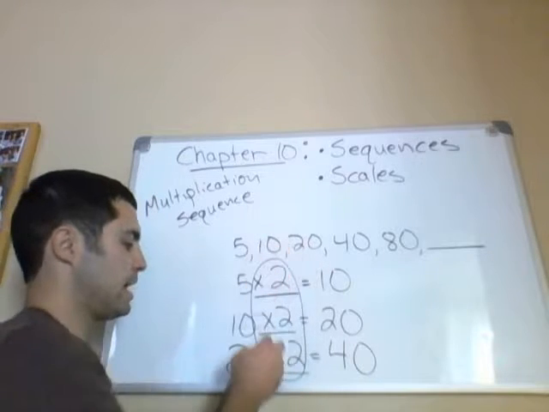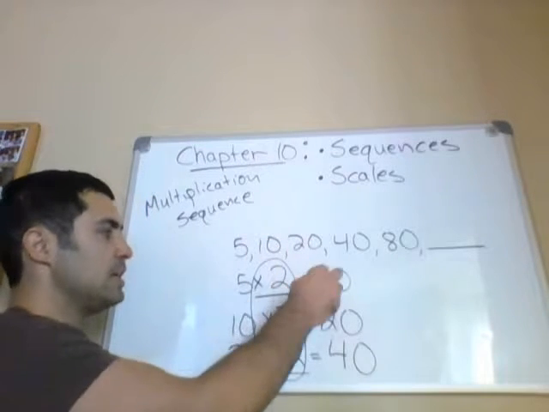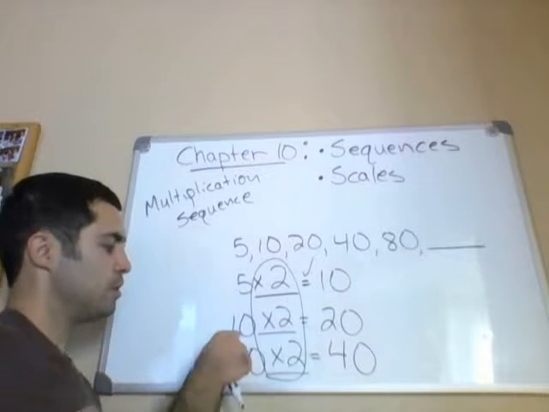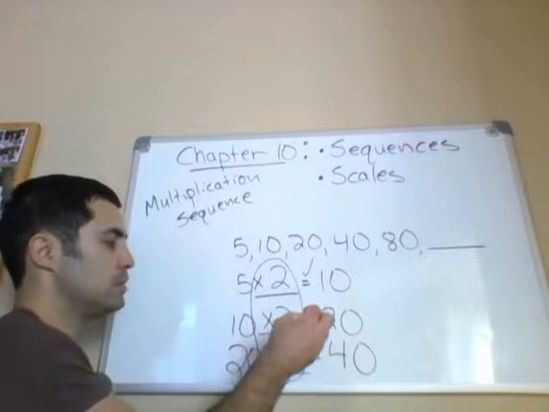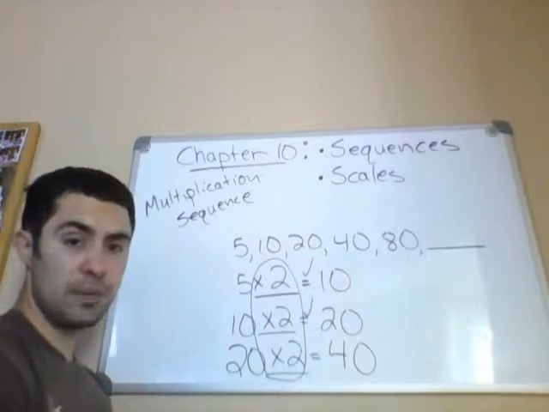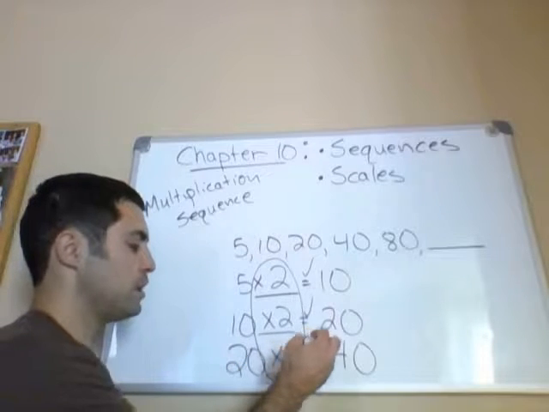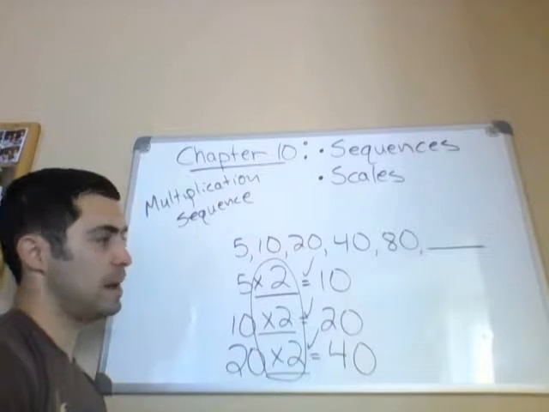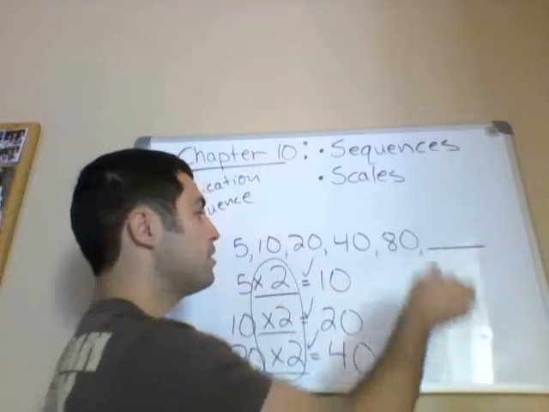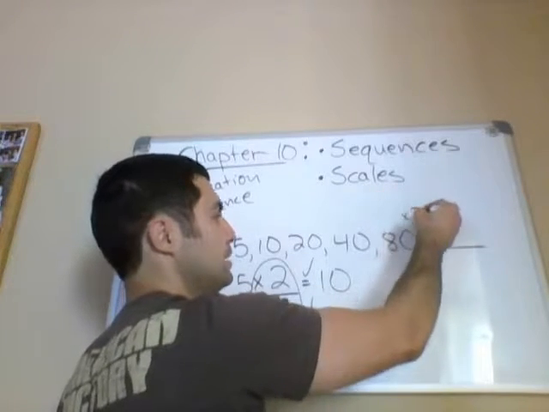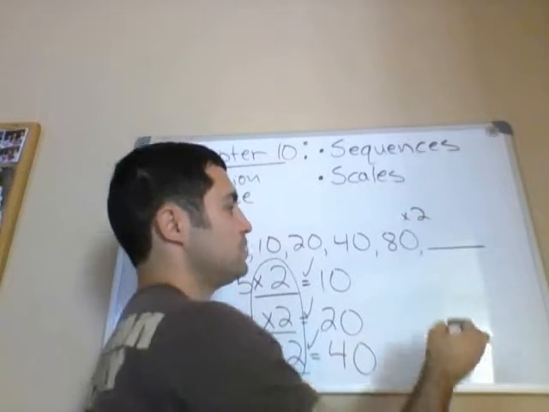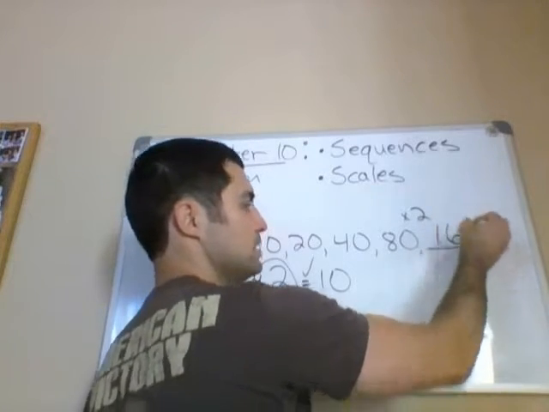Go ahead, circle that. 5 times 2 is 10. Is that true? Correct, that's true. 10 times 2 is 20, so that is also correct. Starting to see a pattern here. 20 times 2 is 40, so yes, that is also correct. So in order to find the next number in your pattern, you're simply multiplying by 2. 80 times 2 is going to be 160.